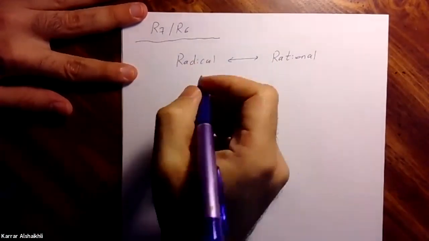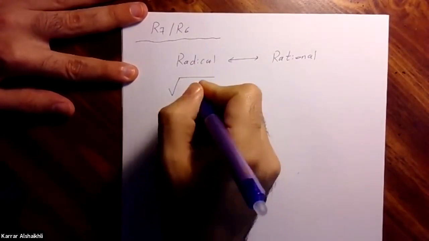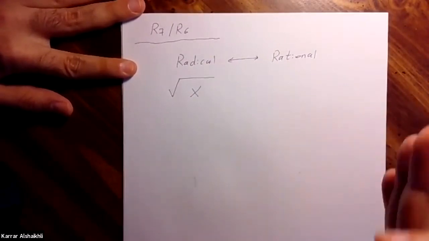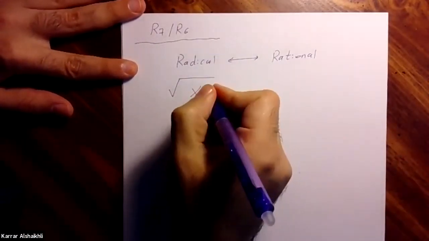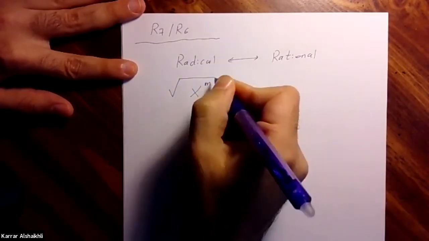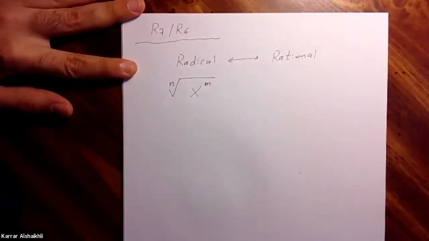So if we have a number, let's say x, any number, 2, 4, 6, it doesn't matter, any number, -2, with exponent m, and there is a radical n.